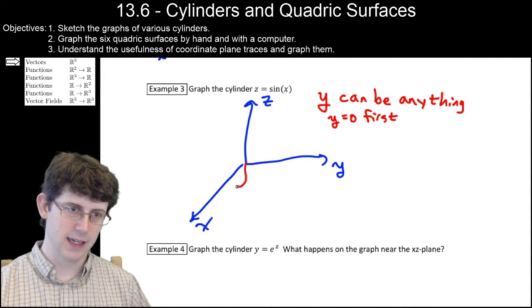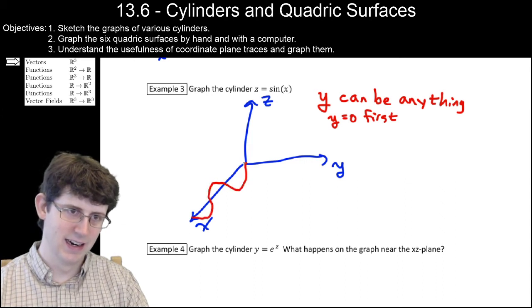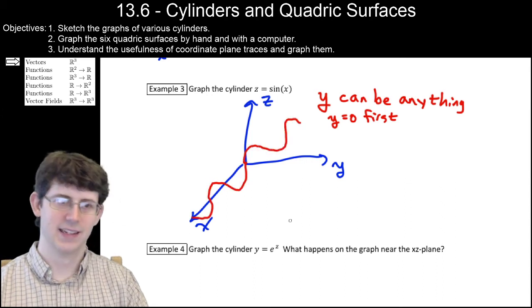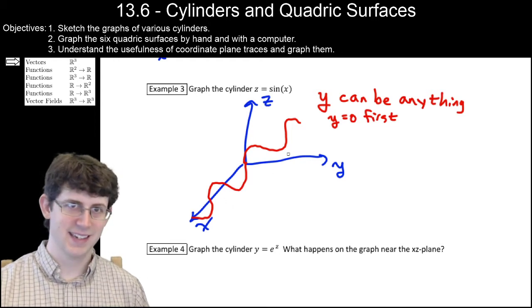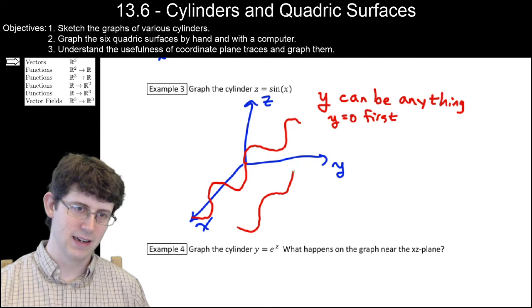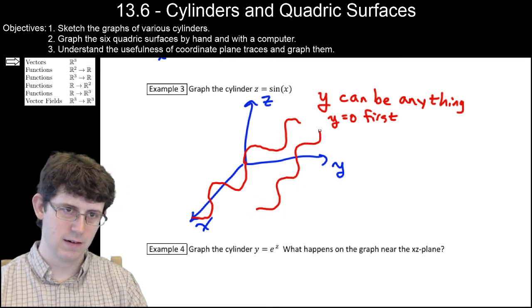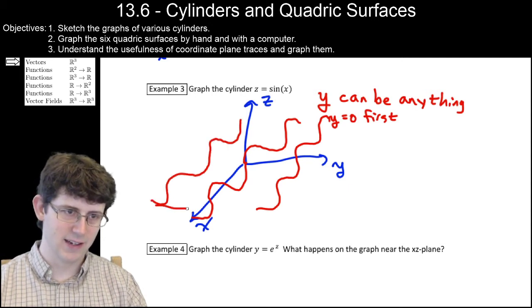So it's going to be like this. But then this sine function happens again over here, and again over here. And you connect the corresponding points as best you can.